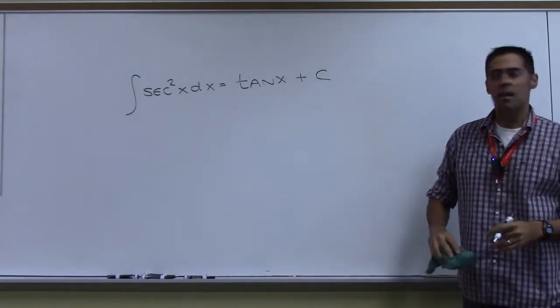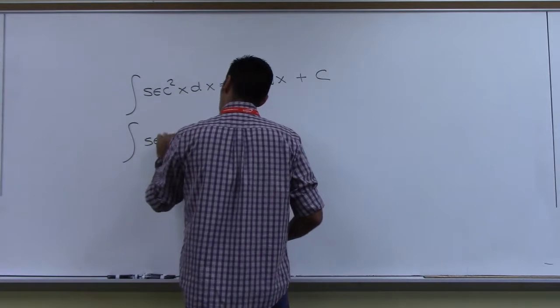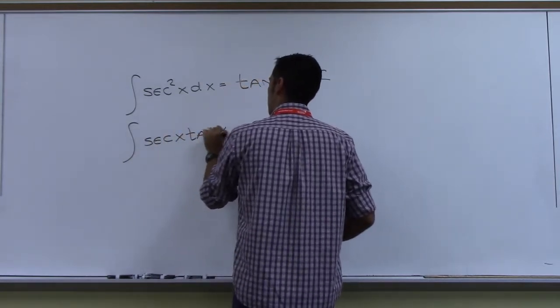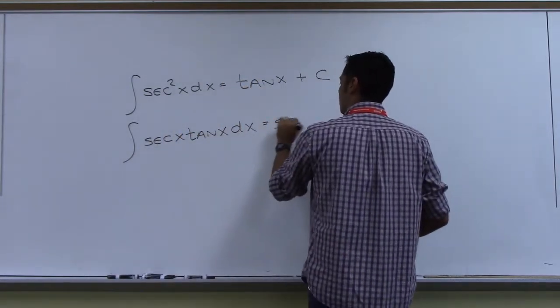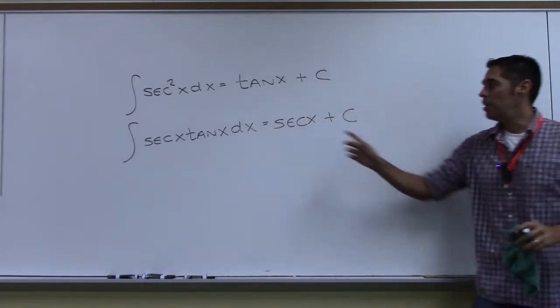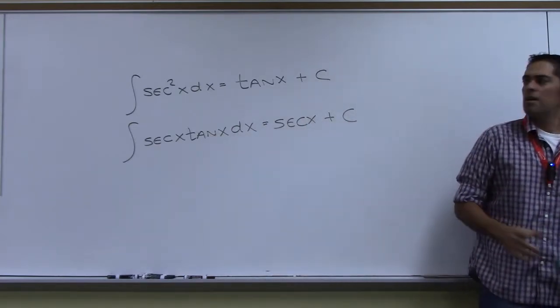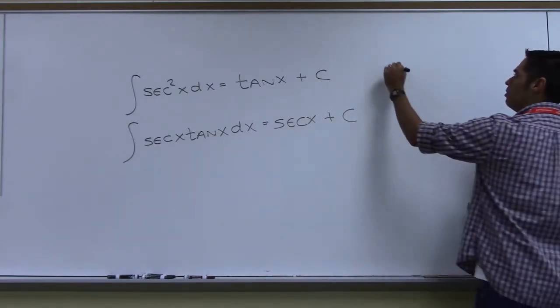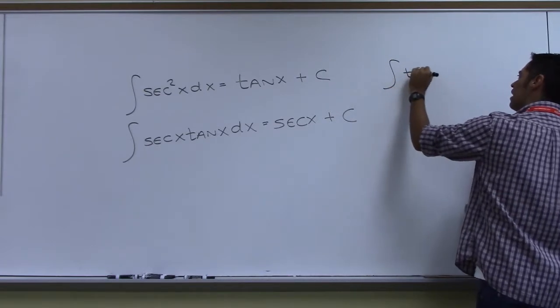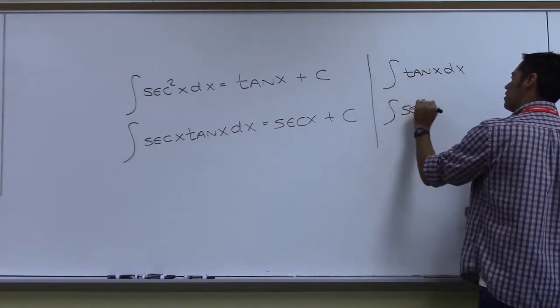We're all okay with that. And the other one is secant x tangent x, whose antiderivative is just secant x plus c, because the derivative of that is that, right? What if you just have in an integral tangent x, or just secant x?